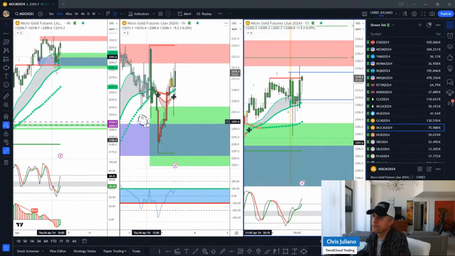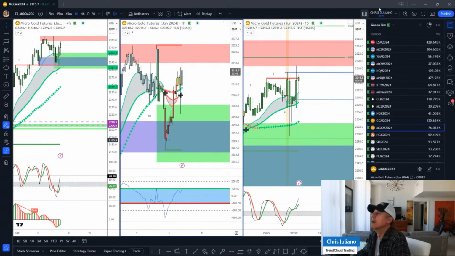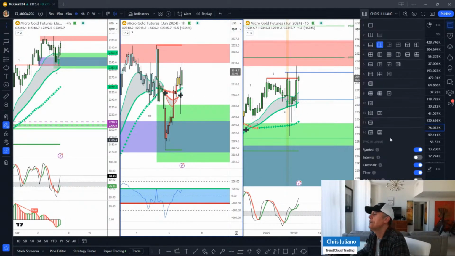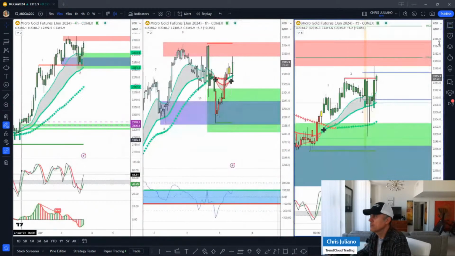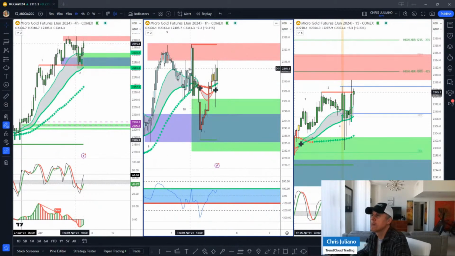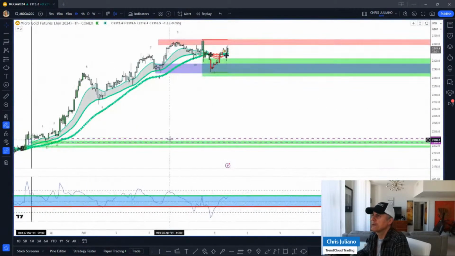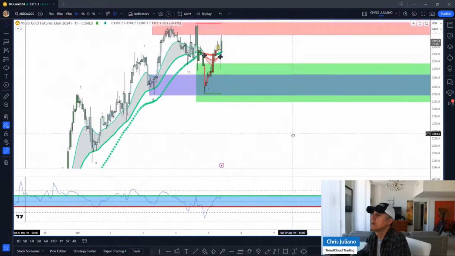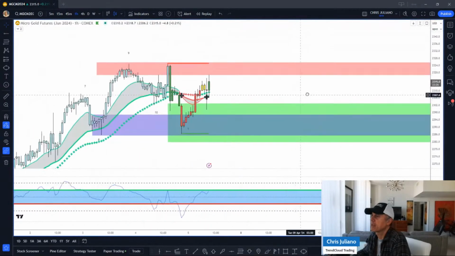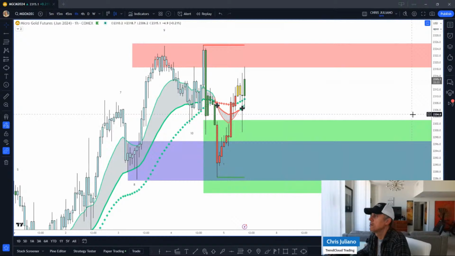Well, there we go. What is gold going to do? Now, this is interesting. This is what I wanted to show you guys. I don't know if you remember this, but make this nice and big here.